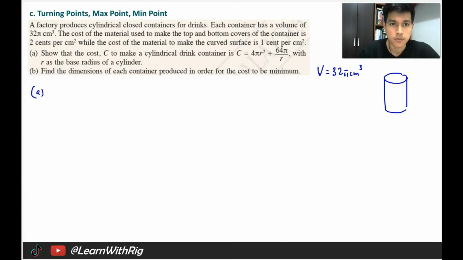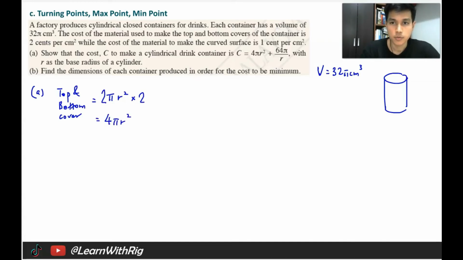Top and bottom cover, you must find the area first. So it's pi r square, and then you have to times 2 because it's top and bottom, and then you have to times 2 cents, right? 2 cents, so you get 4 pi r square.